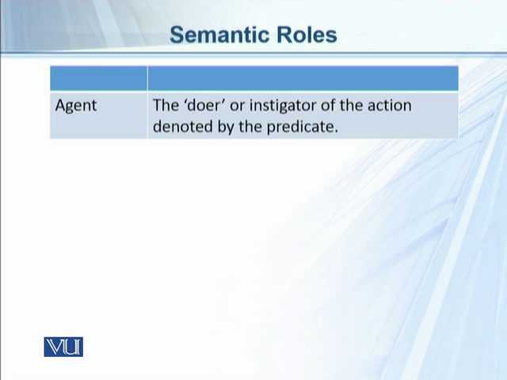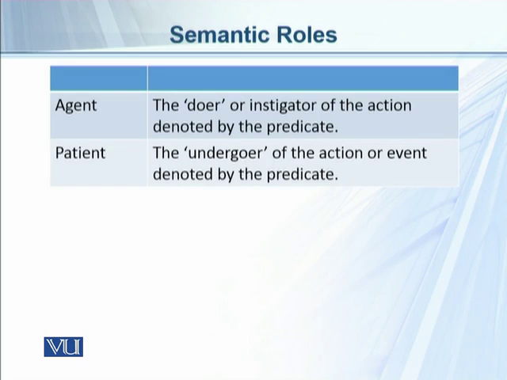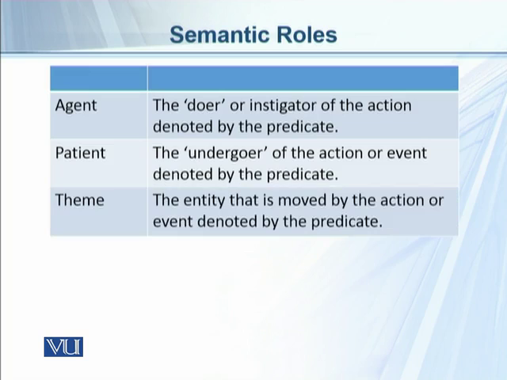In the traditional sense it's the subject, but we call it agent. Patient, the undergoer of the action or event, denoted by the predicate. So it is the receiver of the action. In general terms, we say it's the object, but in semantic roles, we call it patient.